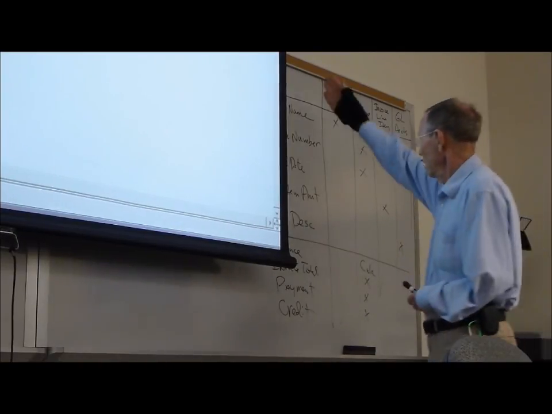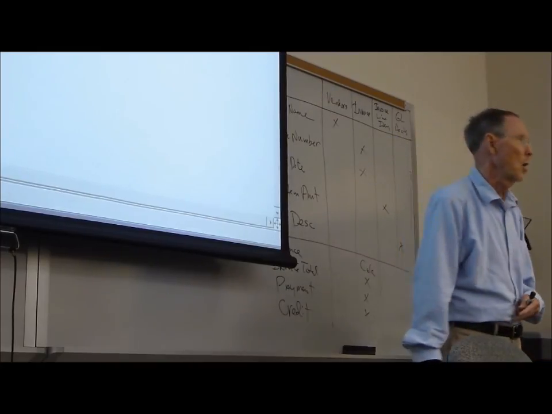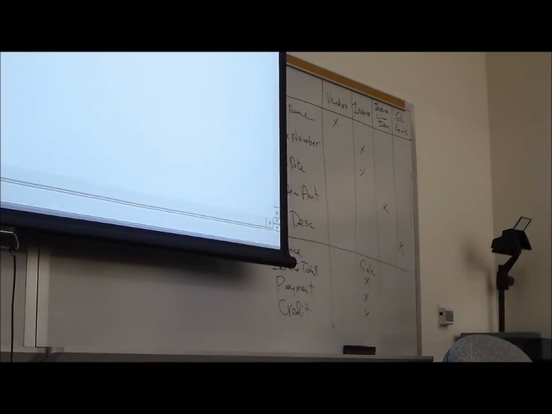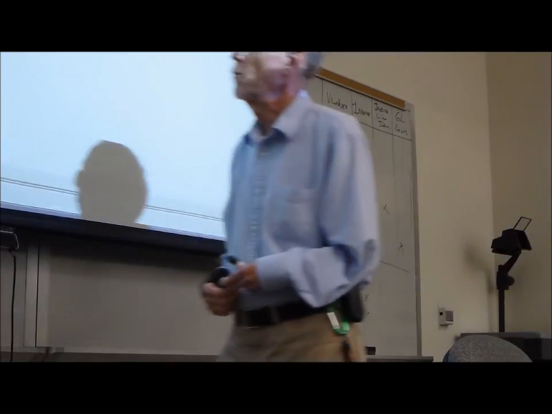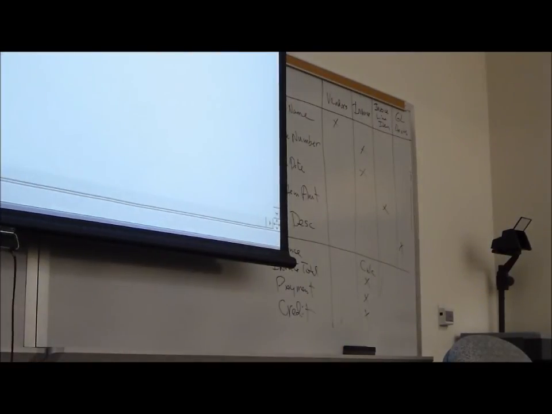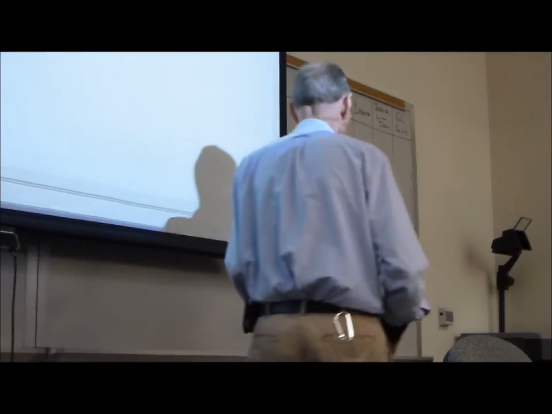In order to do our query, we're going to have to join all four of those tables together. And we've got to join them on the primary and foreign key pairings. So if we're looking at the vendor table, we'll start at the top. Well, we'll work from the invoices.